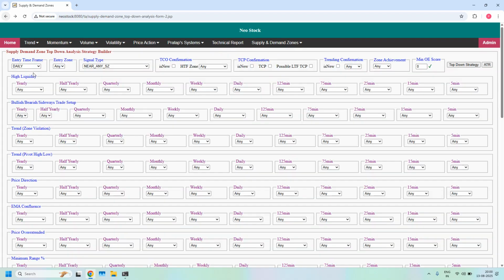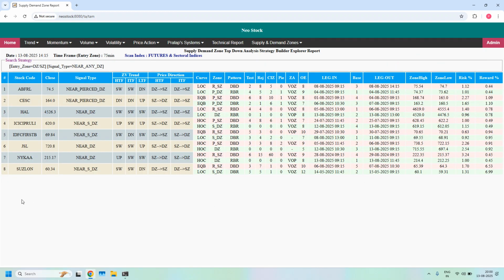Next time frame is 75 minutes. Stocks near to the 75 minutes demand zone, we got 8 stocks. Let us identify 75 minutes high liquidity demand zones from this list. ICICI Prudential is having a 75 minutes high liquidity demand zone.